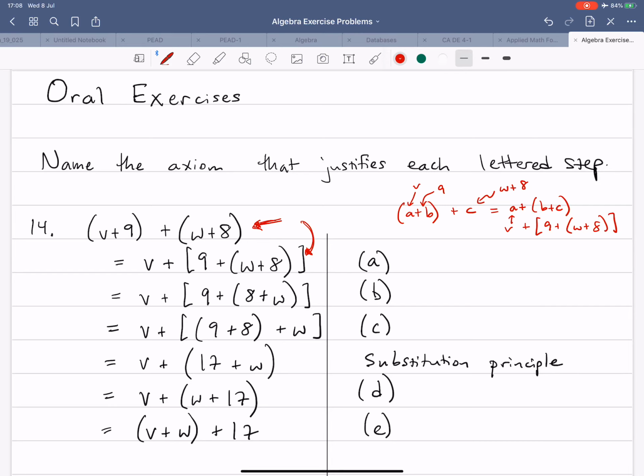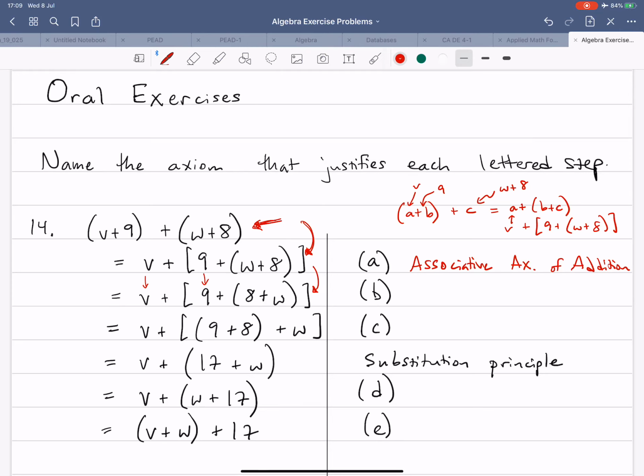So the justification for this first step is going to be the associative axiom, and I'm just going to abbreviate that as AX, of addition. Okay? Now, to go to this next step, when we compare term by term, this term didn't change.